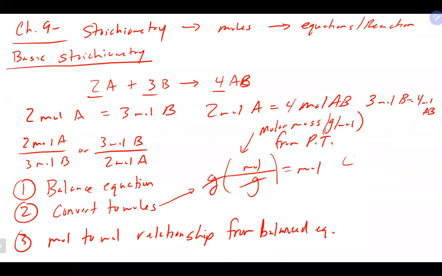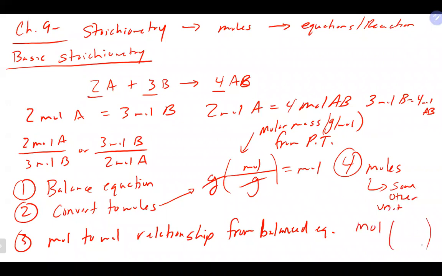The last step is, you should always be in moles at this point. You may want to convert it to some other unit. And a lot of times here, we will also use molar mass, the opposite way, by multiplying by the molar mass to figure out how many grams we may have produced. When you do this basic sort of stoichiometry problem and you figure out how much product you would produce based on how much reactants you started with, that is what is known as the theoretical yield, right?